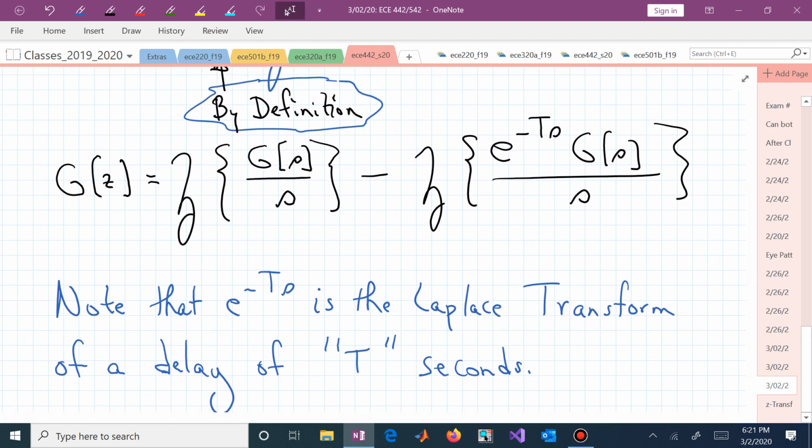We're trying to Z transform a Z to the minus 1 in that second right-hand term. We can factor that out of the Z transform, and then we have two Z transforms that are the same, G of S over S. Let me write that down.